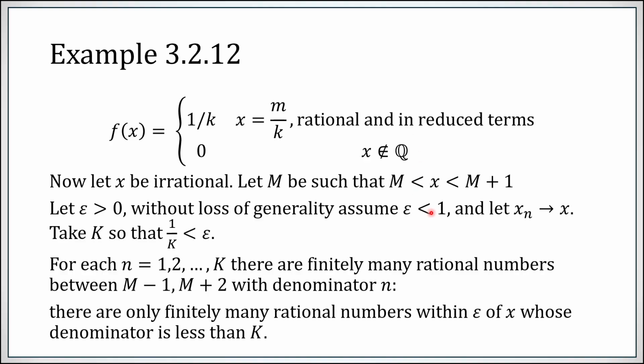Since epsilon was less than 1, that means there are only finitely many of them within epsilon of x. That was the point of making sure x was more than distance 1 away from each endpoint, and epsilon being less than 1. So as long as epsilon is less than 1, which it is, there are only finitely many rational numbers pretty close to x whose denominator isn't that big.